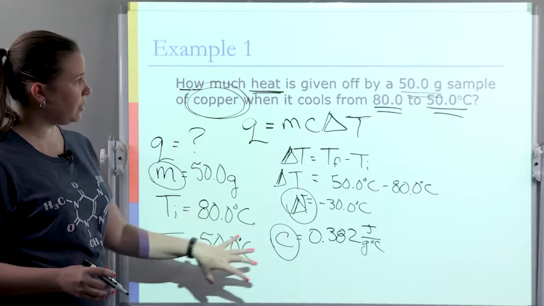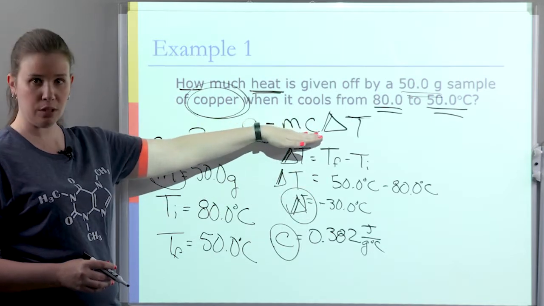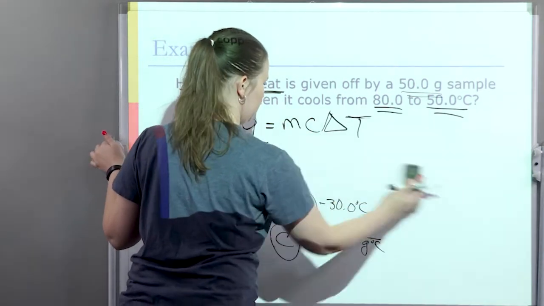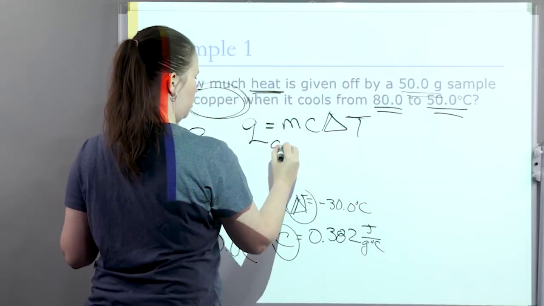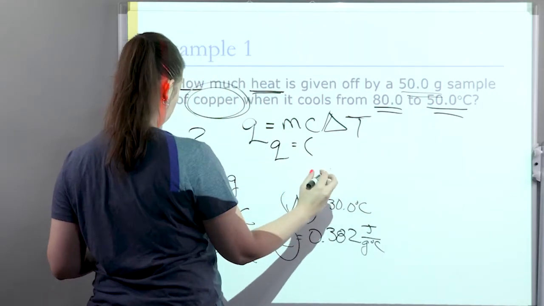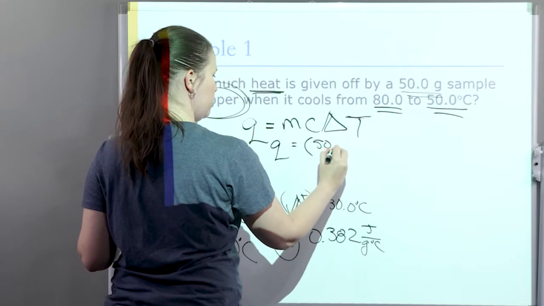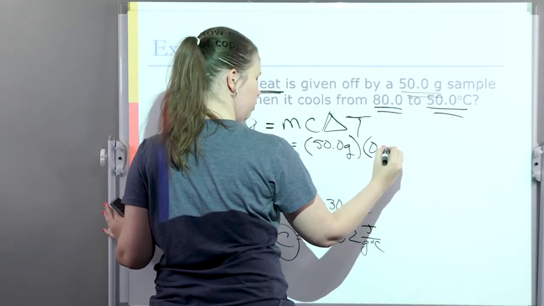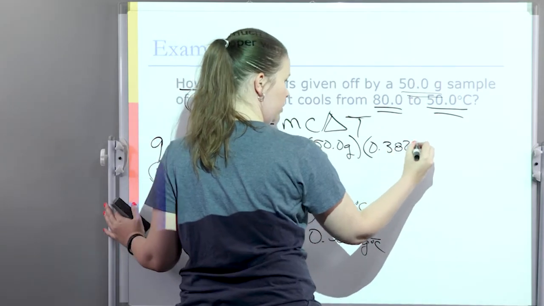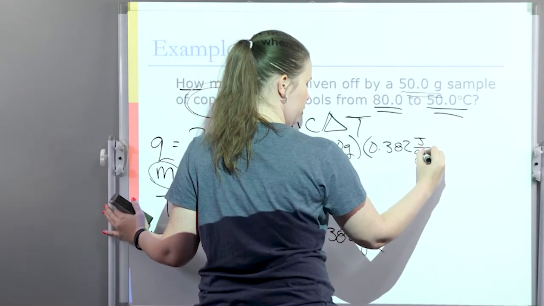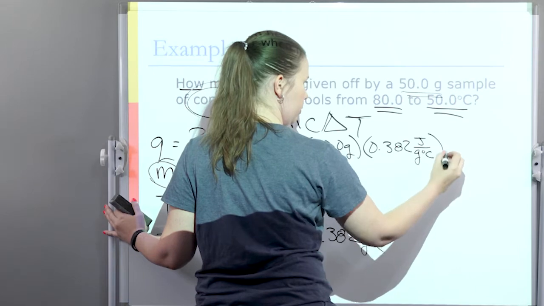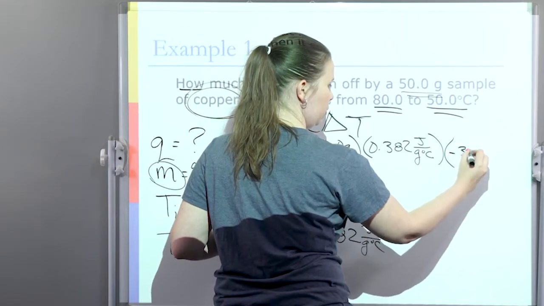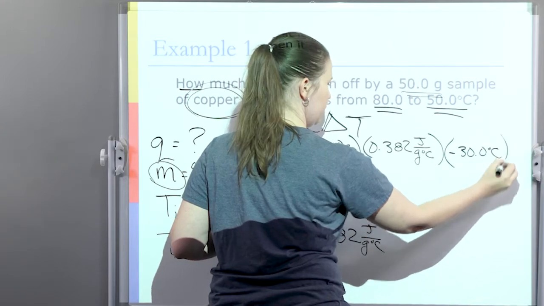So now I can plug these things into Q equals MC delta T. So Q equals the mass, which was the 50 grams, the specific heat, which was 0.382, a number we looked up based on the substance being copper, and then the delta T, which we found to be negative 30.0 degrees Celsius.